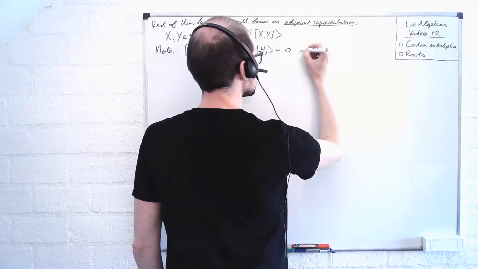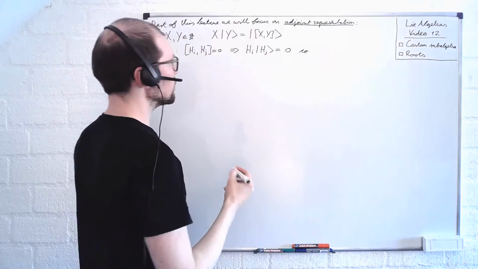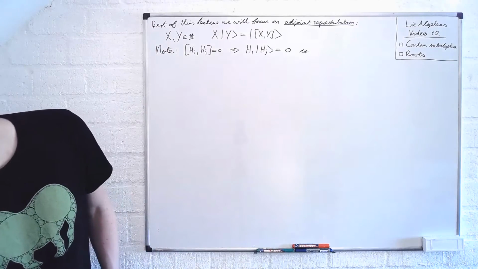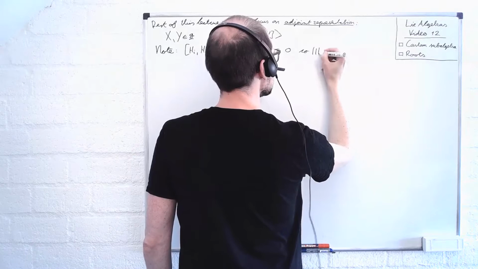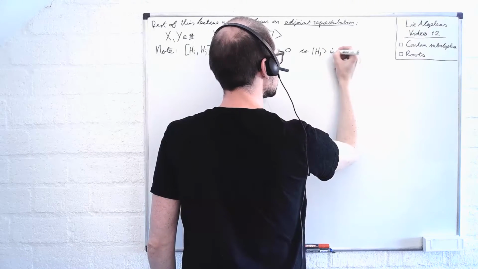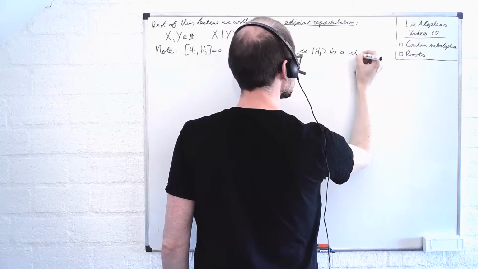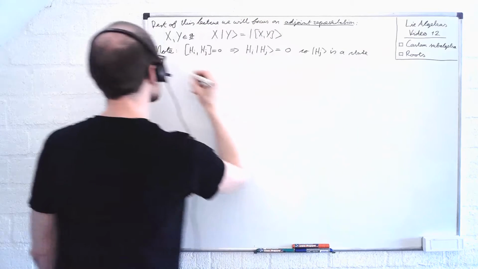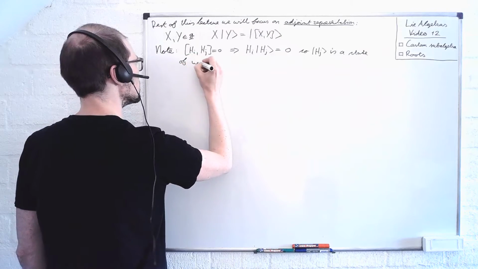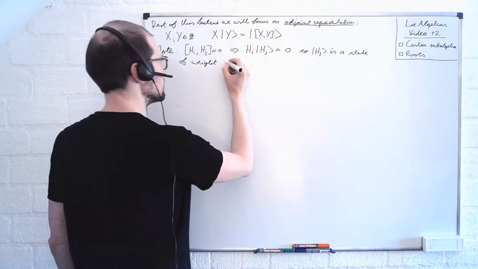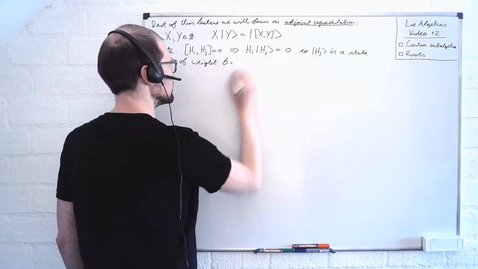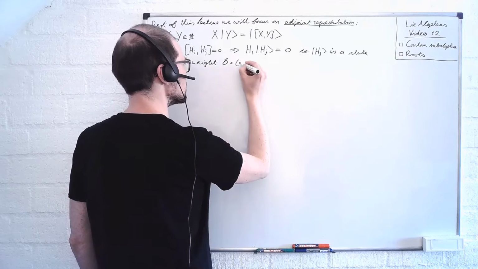So Hj is a state of weight 0. Okay, so you should think of this as the 0 vector in R^r.